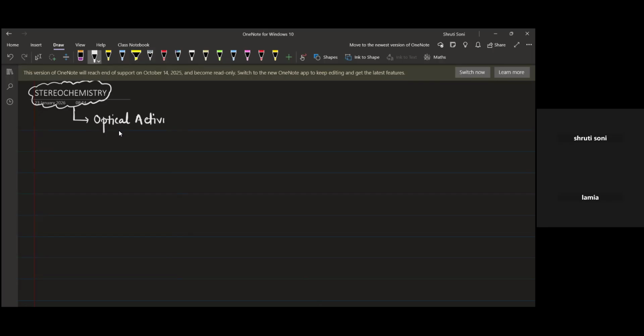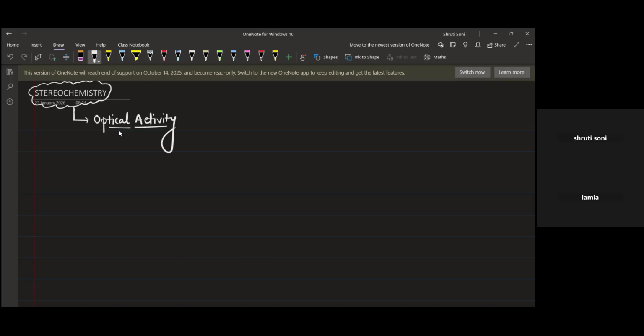Do you know what is optical activity? No. Okay, chirality. Do you know any name related to optical activity, chirality? Yeah, I remember hearing about chirality, enantiomers, diastereomers.